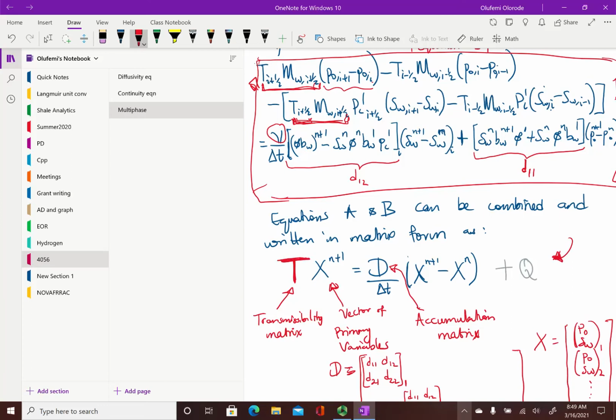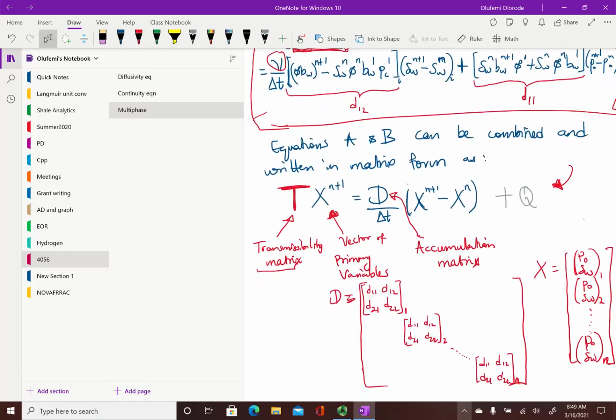So it's a transmissibility matrix shown here, multiplied by your solution vector. A solution vector is also known as your vector of primary variables, which is basically shown here. It's a combination of the solution variables in all of the grid blocks.